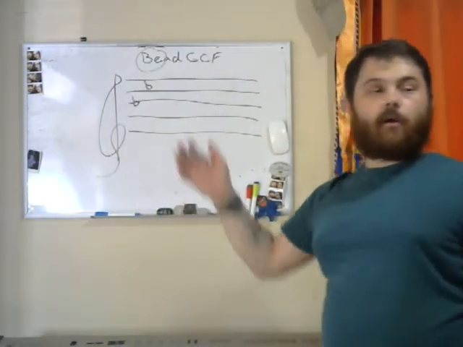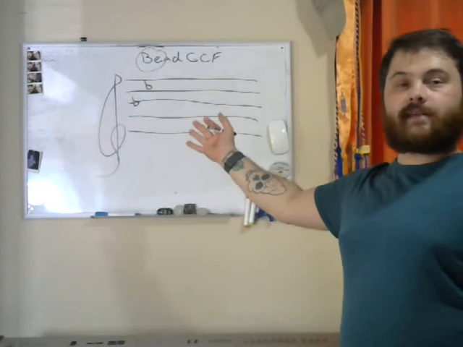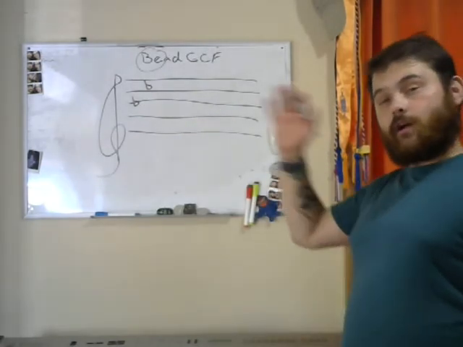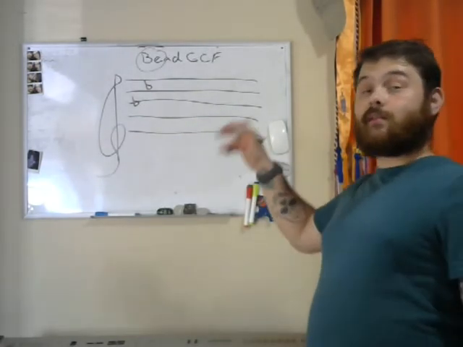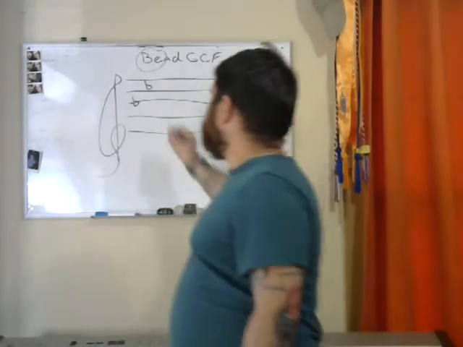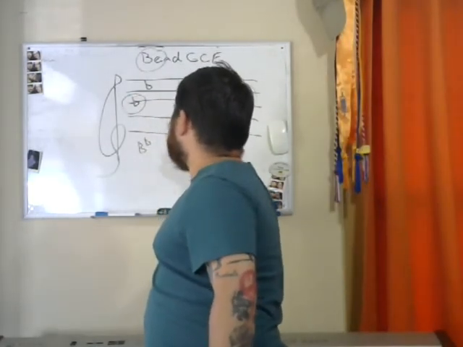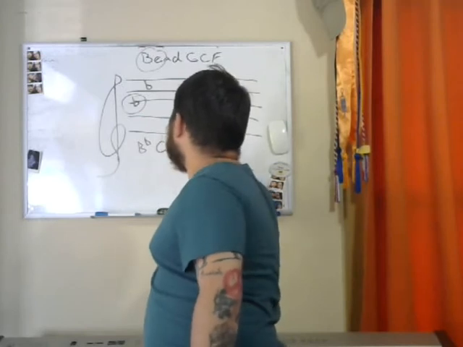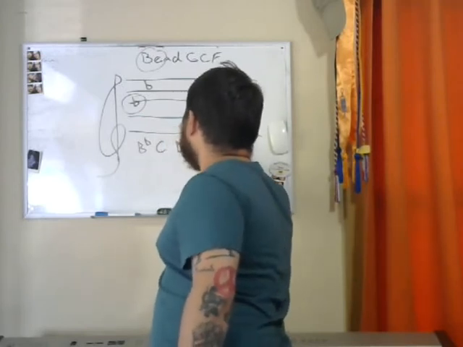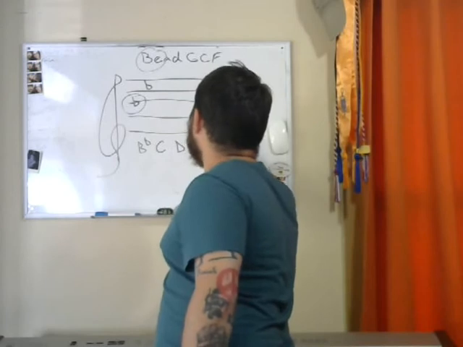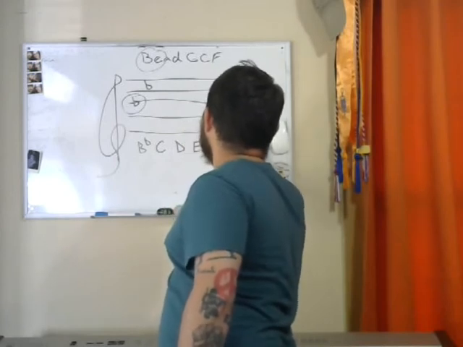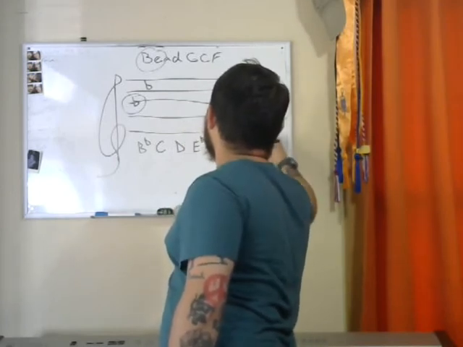To figure out what major key is represented by this key signature, we talked about in our last video that you go to the second to last flat, which is B flat, and that's how you find your major key. So we have B flat, C, D, E flat, F, G, A, B flat.